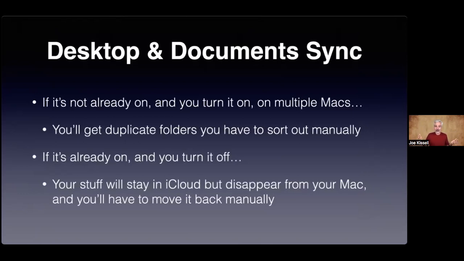I thought you promised me that all this stuff was safely synced to iCloud. It is safely synced to iCloud. It's just that when you turn this feature off, Apple moves those folders into a different location, and you have to go into iCloud Drive in the Finder and find them, and then select their contents and move them back to where you wanted them in the first place. So you're not losing data, but again, you have to manually put the stuff back where you want it.